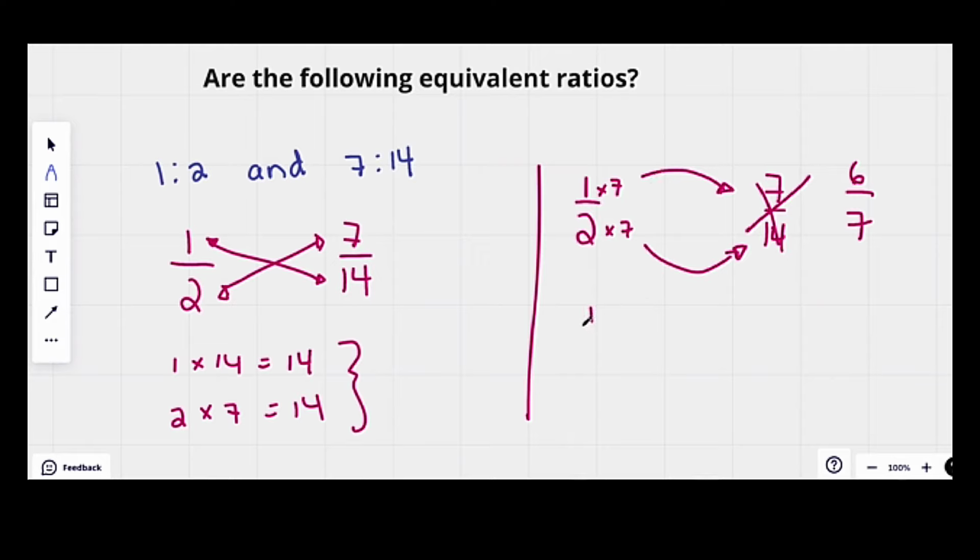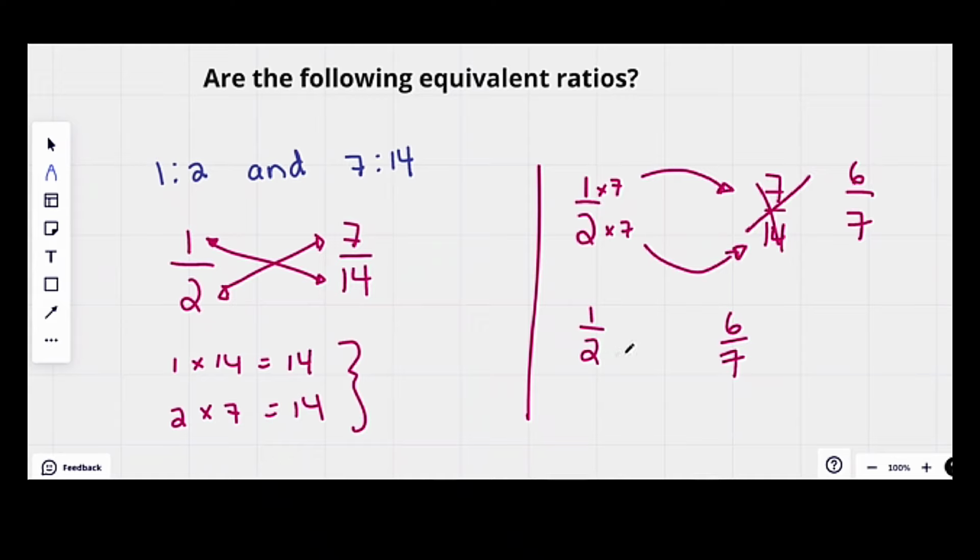Let's show that right here. If we had 1 over 2 and our other fraction here would be 6 over 7, and we need to show if these are equivalent, we'll say, okay, what can I multiply the 2 by that will give me 7? Well, there's nothing. 2 times 2 is 4, 2 times 3 is 6, 2 times 4 is 8.